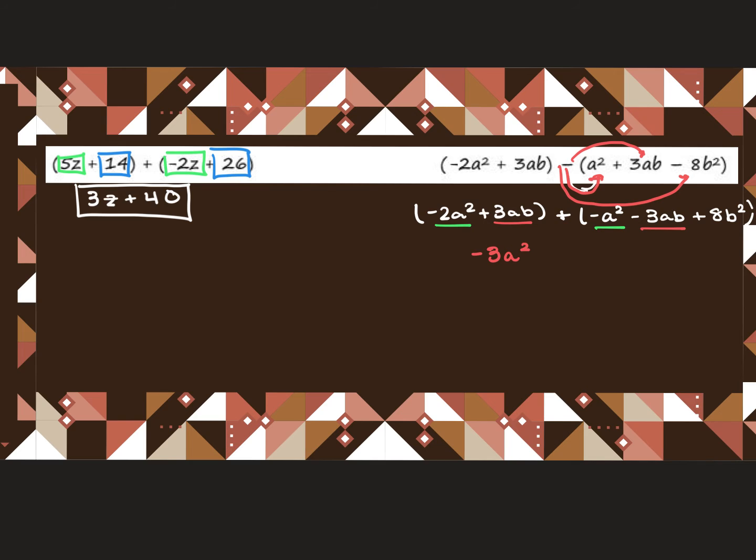And I have 3ab plus a negative 3ab, which are going to cancel out. And of course, I have my 8b squared. And of course, I cannot combine them because even though they have the same exponent, they do not have the same variable.